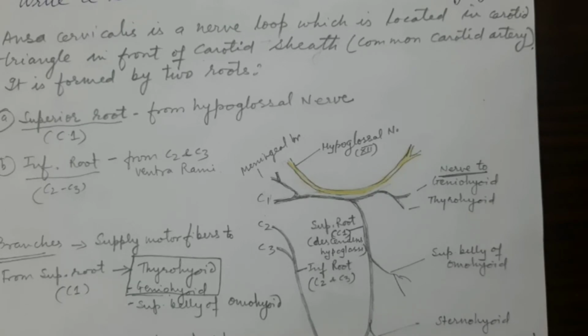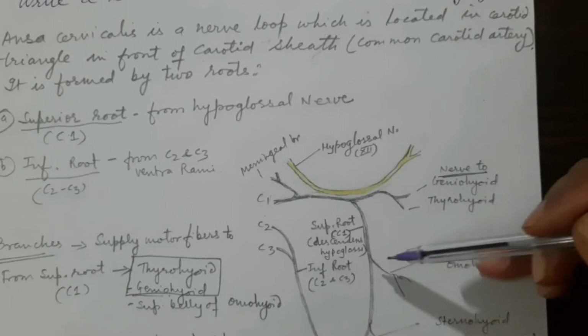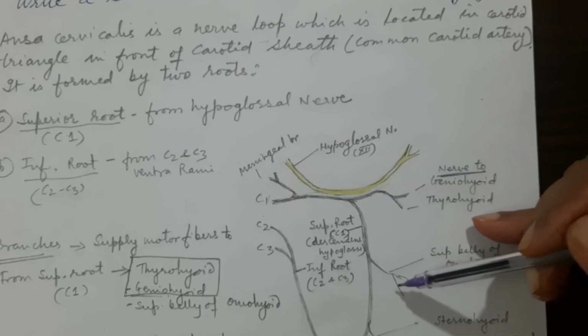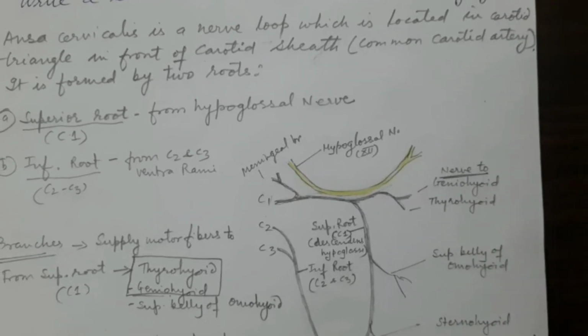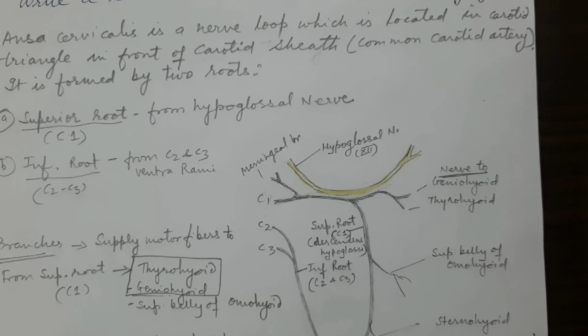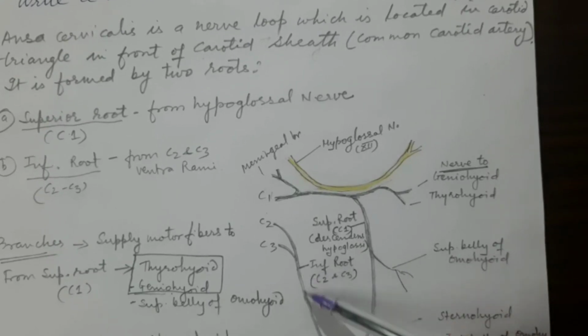Okay, the branch of the Ansa cervicalis coming from C1 goes to the superior belly of omohyoid. So the superior belly of the omohyoid is supplied by C1. Then from the inferior root, many branches are given.